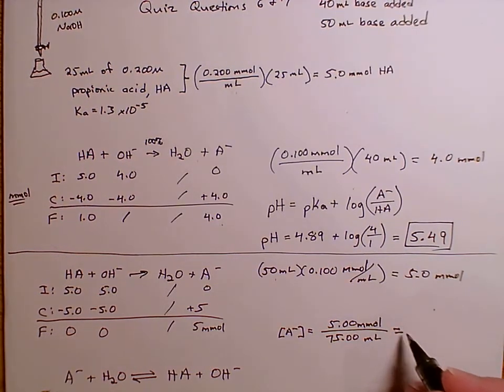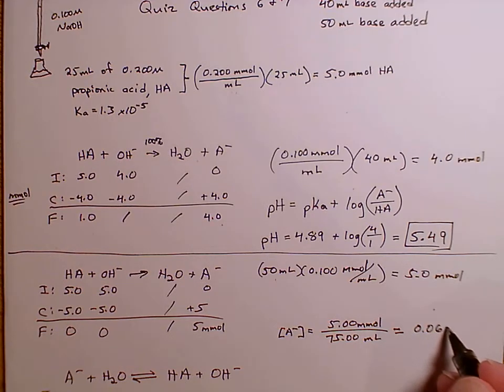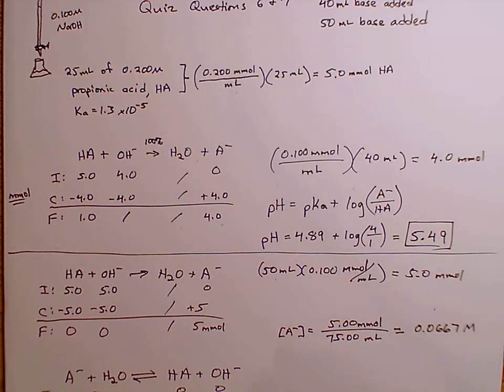And do some quick math. This is 0.0667 molar. So my concentration of A minus is 0.0667. Water we're not going to care about. No HA before this dissociation, no OH minus before the dissociation. The change, this is ICE table, minus X, and plus X. 0.0667 minus X, and X.